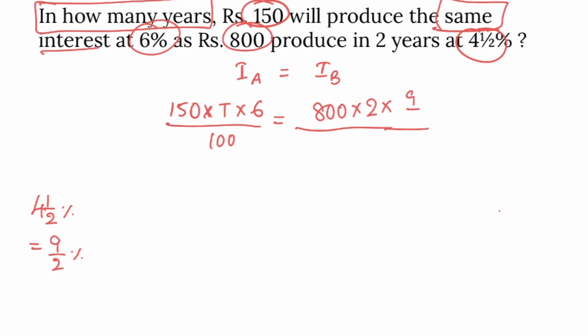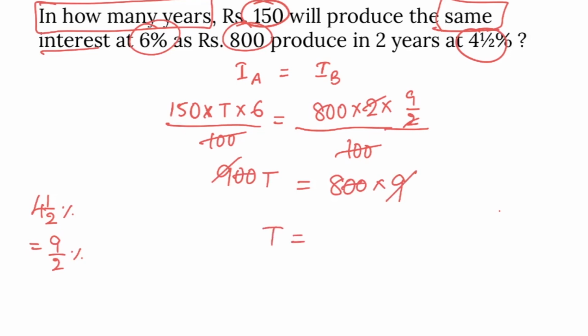Rate of interest 9/2 divided by 100. PTR by 100 is equal to PTR by 100. Cancel 100 and 100. Cancel 2 and 2. 15 into 6, 900T on the left side is equal to 800 into 9. 2 zeros cancel. 9 and 9 cancel. So time is equal to 8 years.